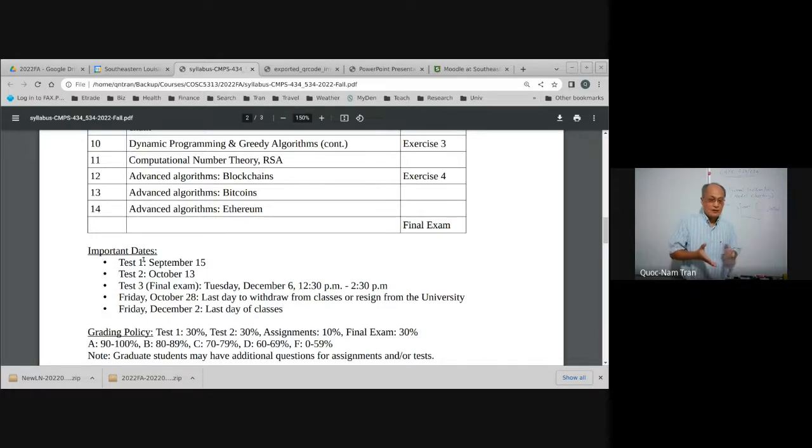For the test, I will not use exactly the same, but similar to that. So you have to be able to understand how to solve the problems in the practicing questions and in the lecture notes so you can finish the test the best. Okay?